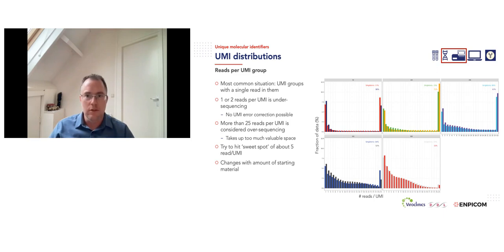So you can see that these 5 panels represent 100, 200, 400, and 800 nanograms of starting material. And in this case, you can see that low amounts don't really work well. And the best one is the one I showed in the previous slide, which is the bottom left one. And there you see the number of singletons is relatively low. We're relatively close to the 5 sweet spot.